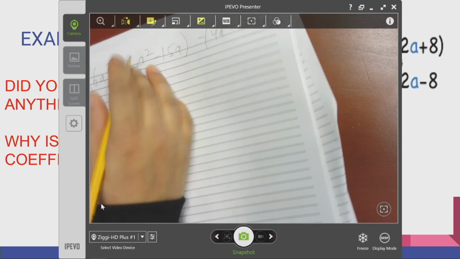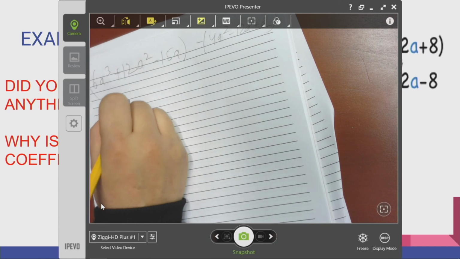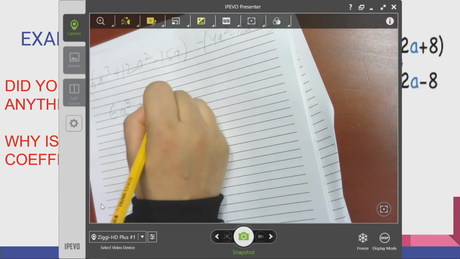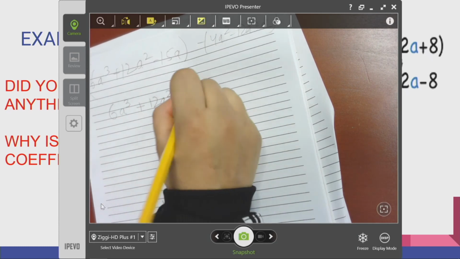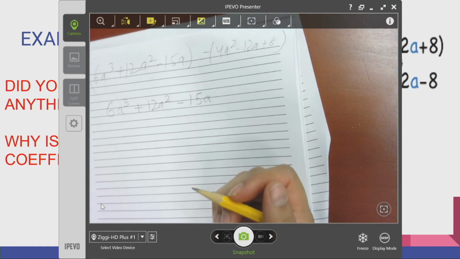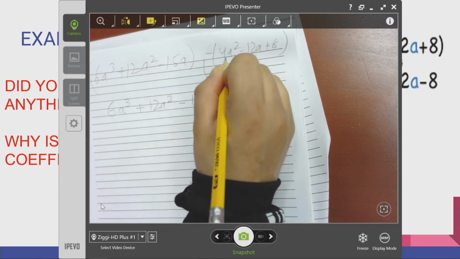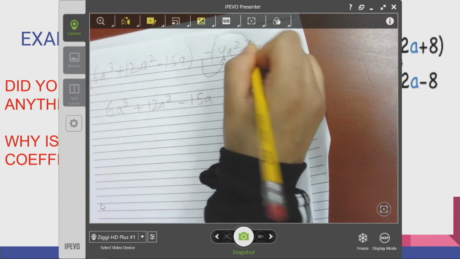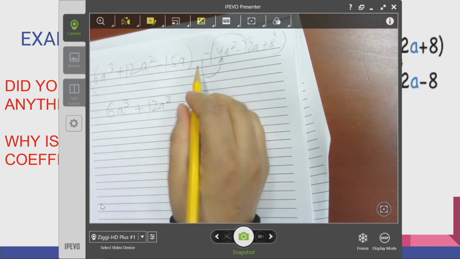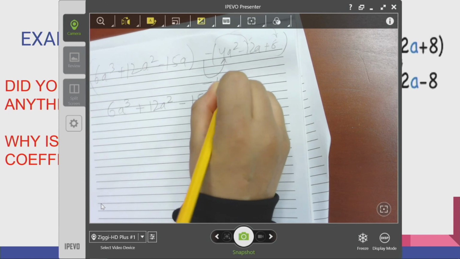So we will write down our first expression the way it is, which is 6a cubed plus 12a squared minus 15a. Now, before we write our second expression, we have to distribute our negative sign to it. Negative times 4a squared is negative 4a squared.